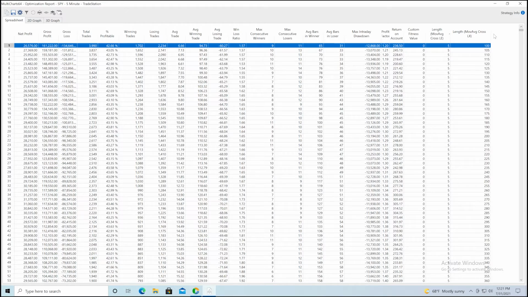But I thought to myself, maybe I should go beyond 200. Maybe I'll actually get better results. And the minimum moving average was 20, but I was like, okay, maybe I'm limiting it too much. Maybe a short moving average really works better.